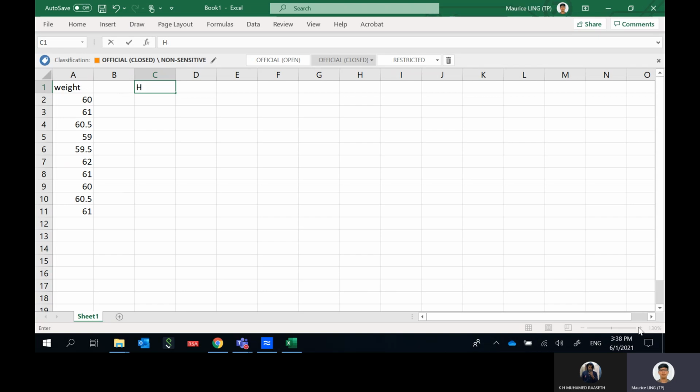The null hypothesis is that the mean weight equals 60 grams. Let's say we do a two-tail test. The alternate hypothesis is that the mean weight is not equal to 60 grams.